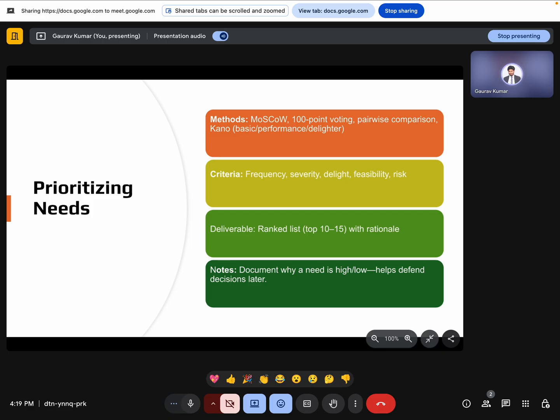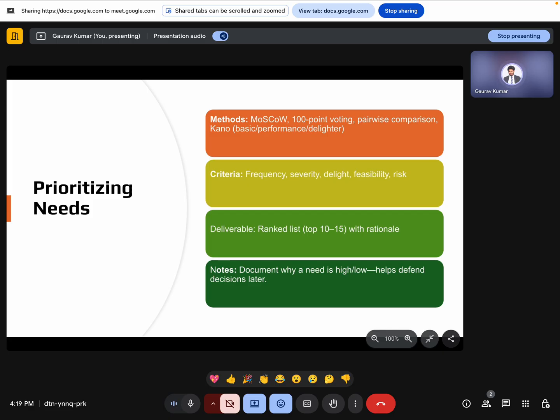The output is a ranked list of roughly 10 to 15 needs, each with a one-line rationale so future trade-offs are defensible.